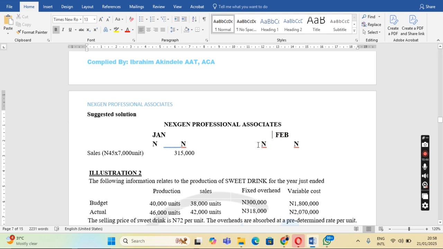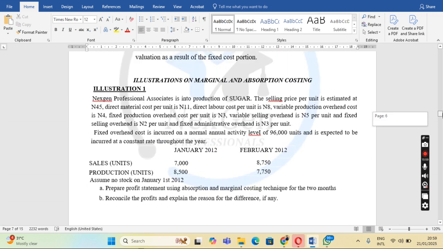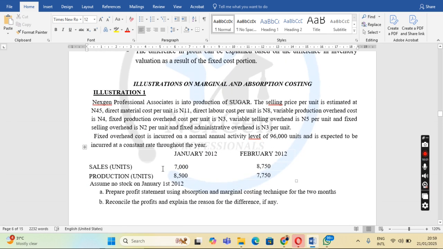What do you have for February? You do the same thing. What is your selling price? You have the same selling price. Sometimes, class, you may have different selling prices, but in this question, it's just one selling price that is being given. You can see that you have different sales.